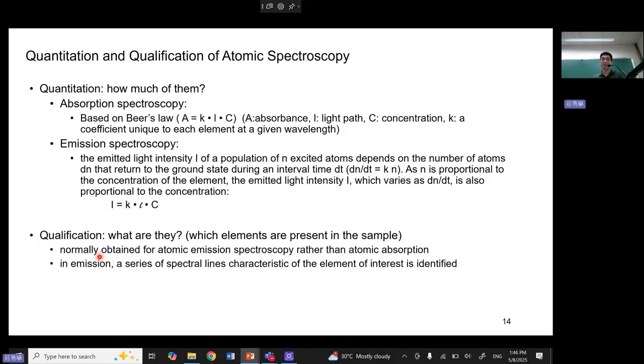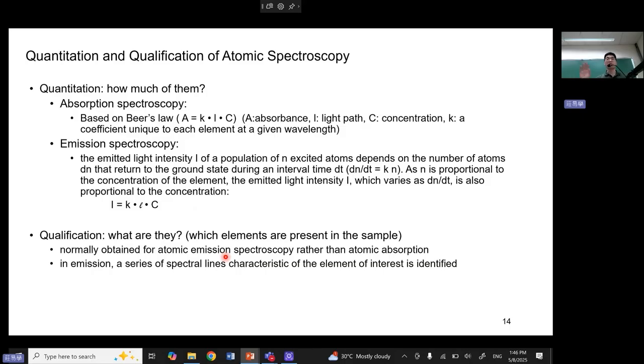So the answer is that, in this case, if you want to do qualification, we normally use atomic emission spectrometry rather than atomic absorption spectrometry. That's because for atomic emission spectrometry, what you can get is like the fingerprints of the elements. I'm going to come back to explain it in the next slides.